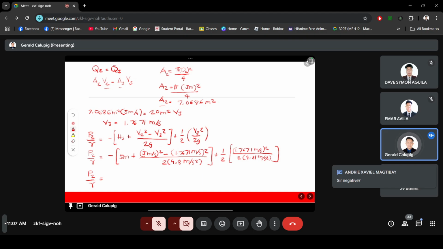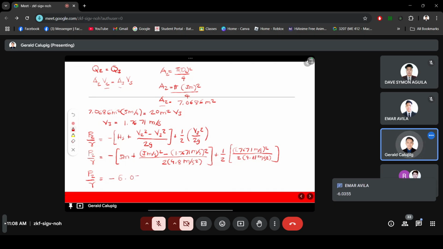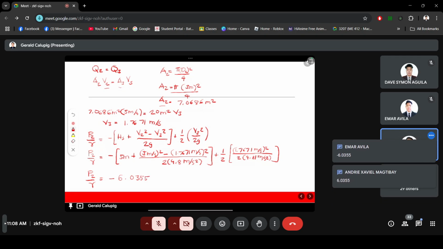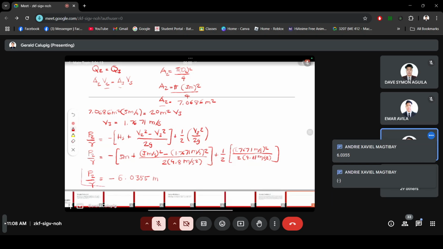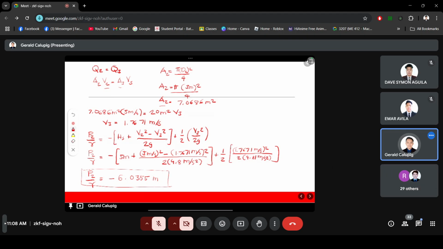We can have negative 6.0355 meters. Okay, so we are already done with our first unknown.